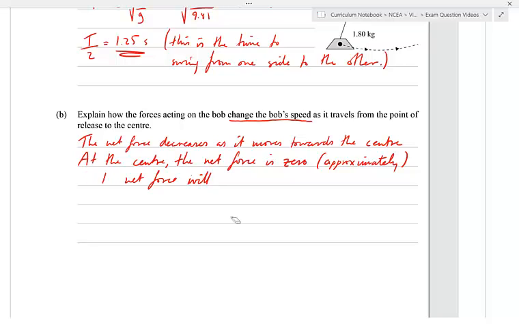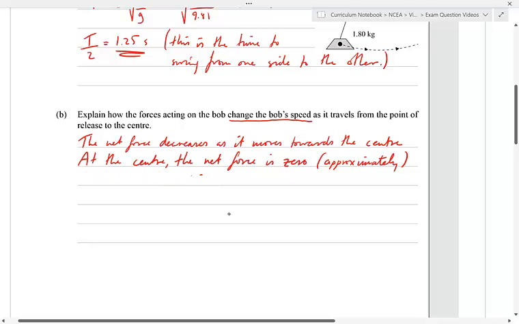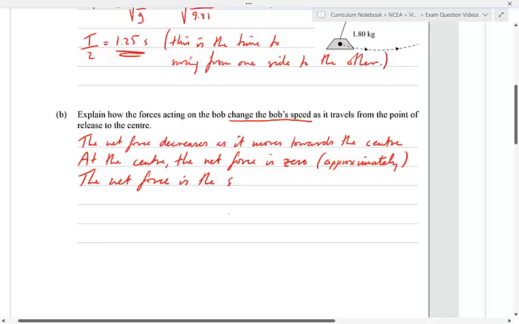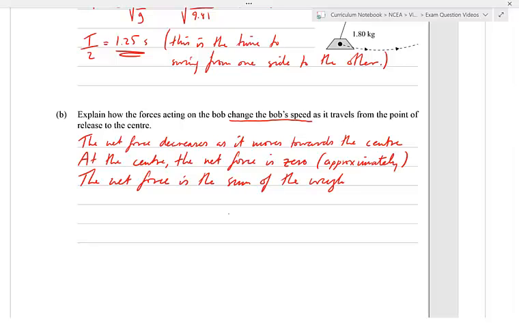Well, actually, one other thing that we need to say about the net force. A couple of other things, actually. So we can say the net force is the sum of the weight, the downwards weight force, and the tension, which acts at an angle. The weight and the tension in the string.